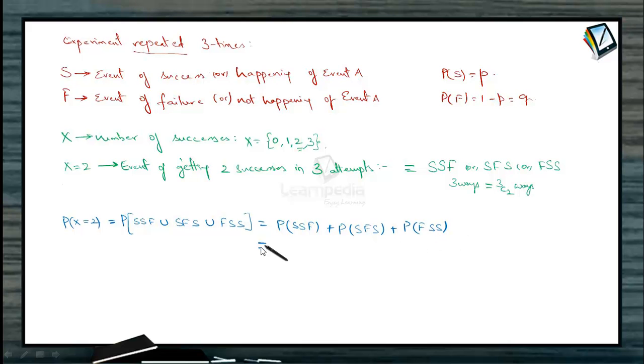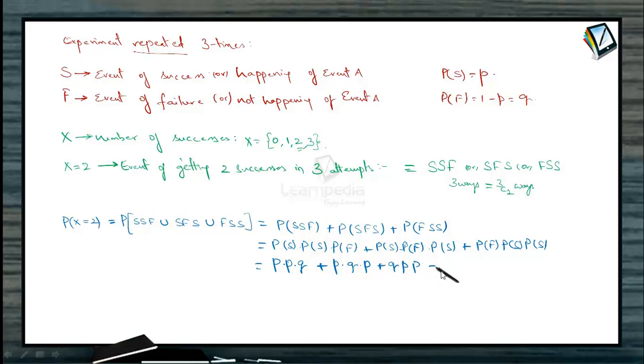And again by the multiplication theorem, this can be expressed as P of S into P of S into P of F plus P of S into P of F into P of S plus P of F into P of S into P of S. Now the probability of success we assumed as P, and the probability of failure we assumed as Q. So can we rewrite this as P into P into Q plus P into Q into P plus Q into P into P, which is 3 times, yes, P square into Q.